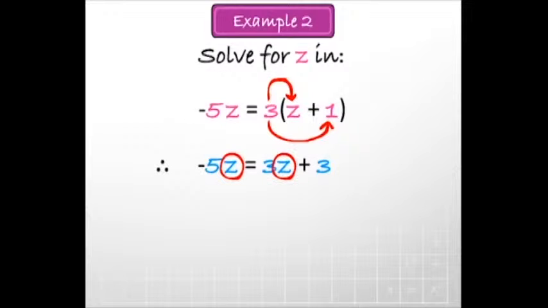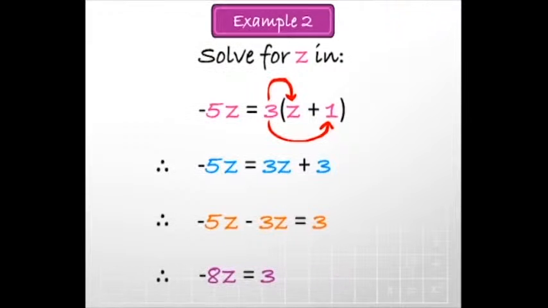Now we need to isolate z, and so we take all the z's to one side. So we get minus 5z minus 3z equals 3. This then gives us minus 8z equals 3, because minus 5z minus 3z equals minus 8z.